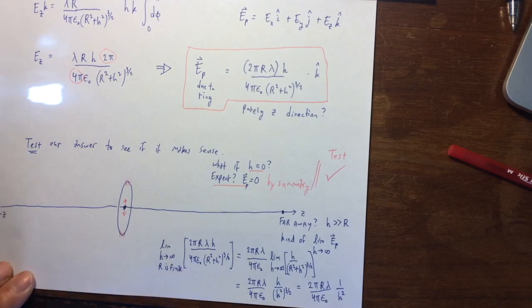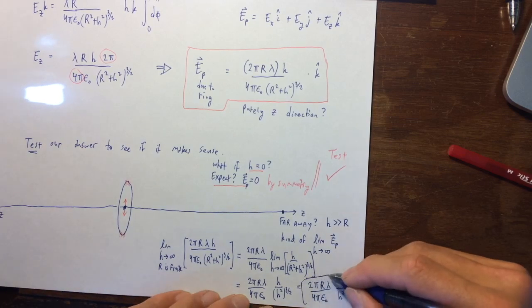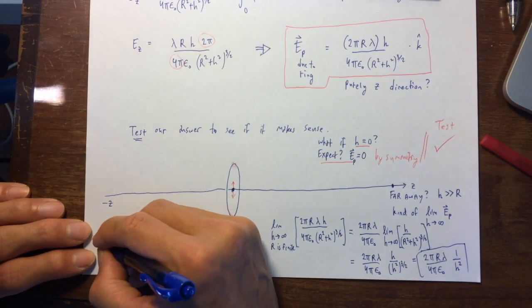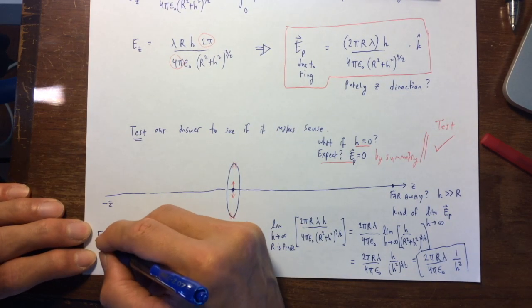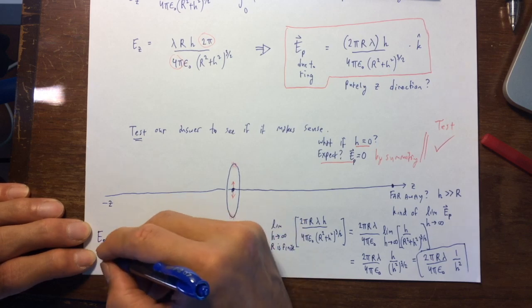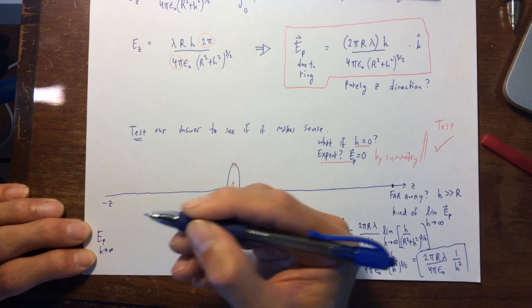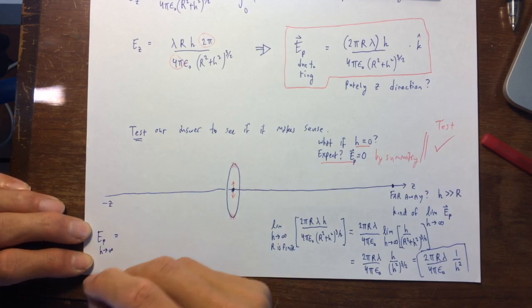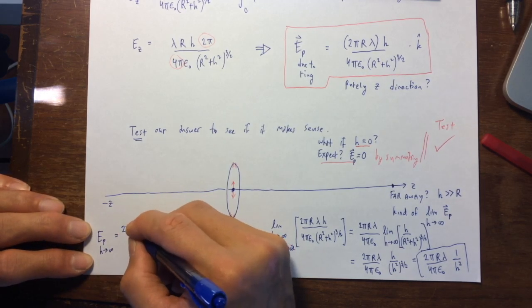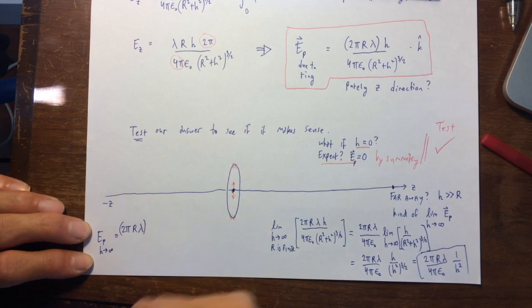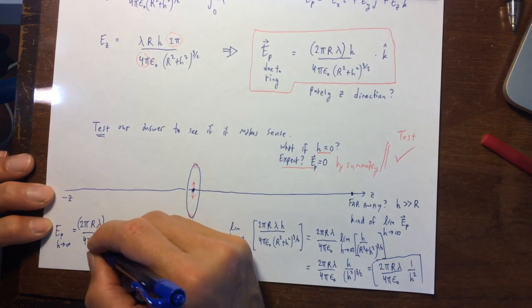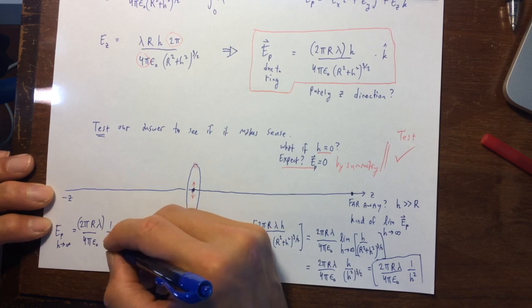So let me show you why this is interesting. I just showed you that the electric field at P for h going off to infinity, so this is very far away, looks like 2 pi R lambda, let me put that in parentheses, divided by 4 pi epsilon naught, times 1 over h squared.